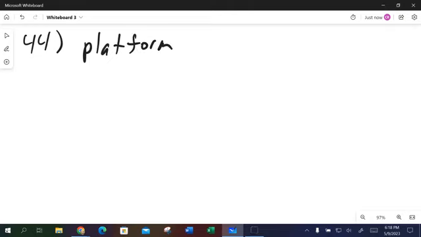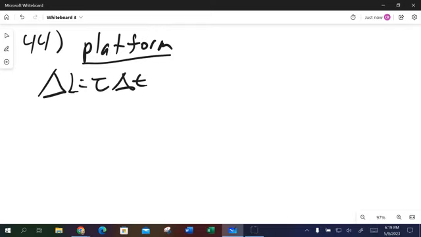So we know to use the equation delta L is equal to torque times delta t, because it asks for changing momentum. When the disk drops, it exerts a torque on the bottom platform, because we're only taking the platform as our system. If we didn't take the platform as a system, there would be no torque.